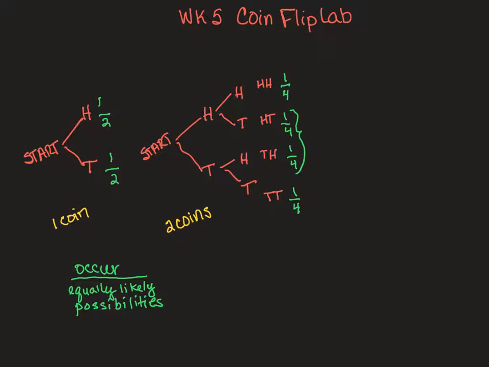Unless I'm saying I have to get one of them first, the probability is actually 2/4. So I get a 1 out of 4 chance to get two heads, a 1 out of 4 chance to get two tails, and 2 out of 4 chances to get a head and a tail or a tail and a head. Okay, so that would be two coins.